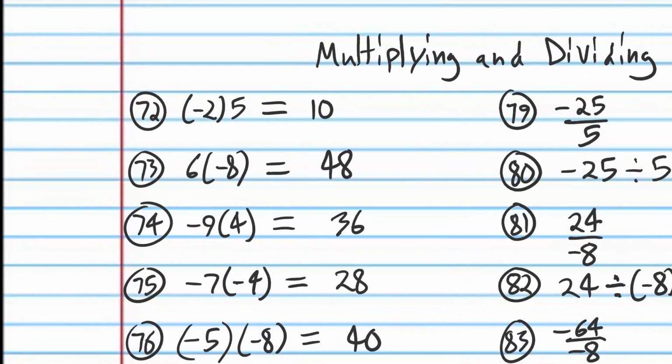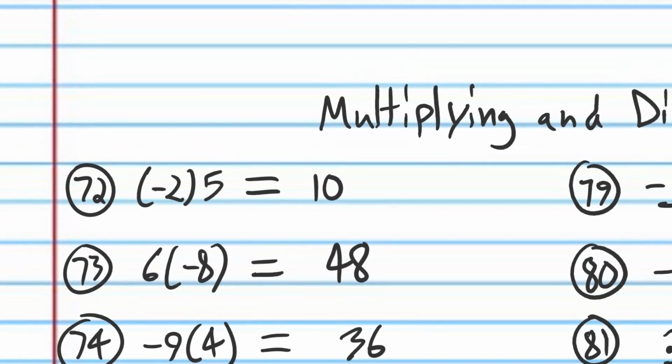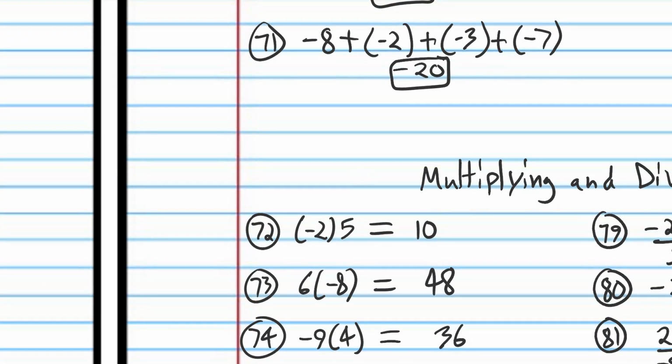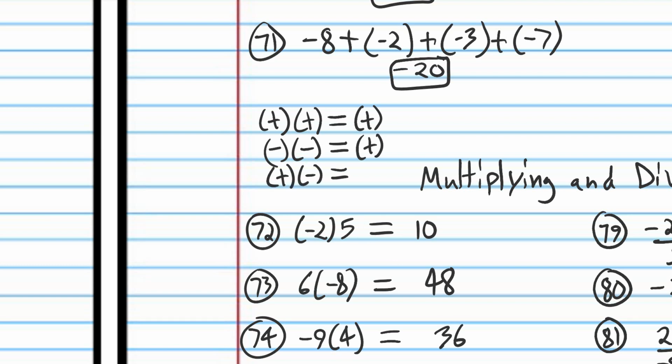And there's a rule that you're going to use for signs. So let's go ahead and write that rule. A positive times a positive is obviously a positive. That's what we did in the last course. A negative times a negative is a positive also. But if you have different signs, a positive times a negative, that equals a negative. And if you have a negative times a positive, of course, you get the same thing, a negative.